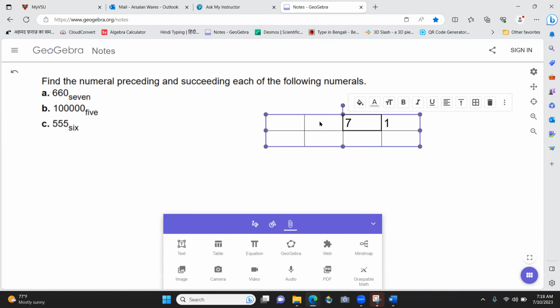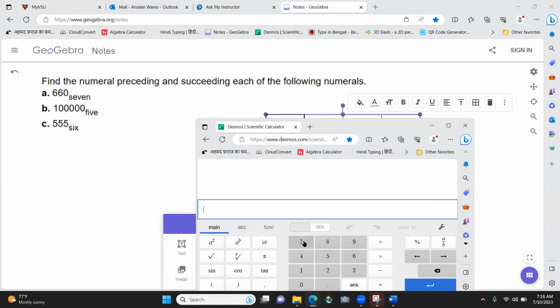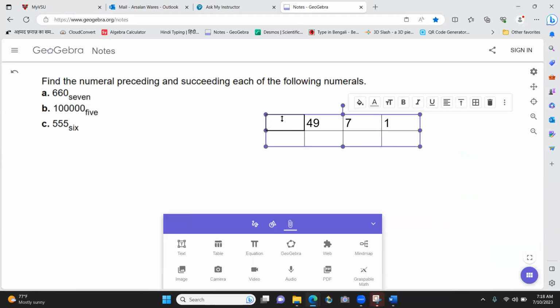The next one, this is base 7, holds groups of 49s, 7 squared. The next one will be 7 to the power 3, and I don't know what it is, but we'll find out. 343. It's always safe to have an extra column. If your number has 3 digits, just get 4.